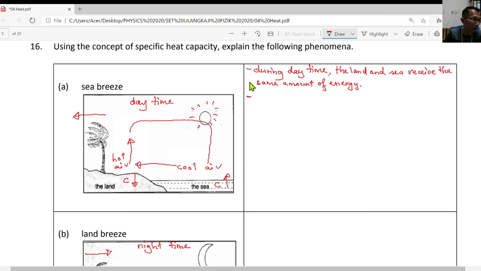Point number two: land has a lower specific heat capacity. Therefore, its temperature is higher than the sea.